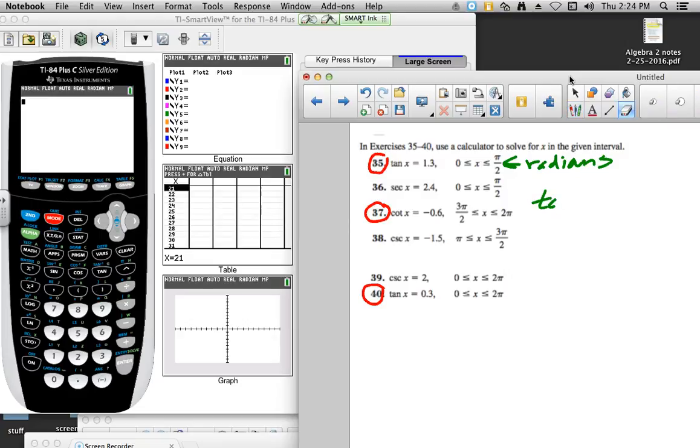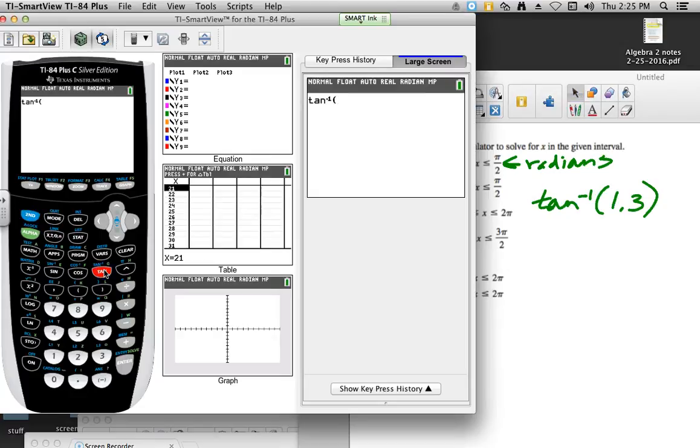So we're going to need to find that inverse tangent button on the calculator and plug in a 1.3. So it's second tangent and 1.3 and parentheses, enter. Oh, I didn't grab the parentheses, but that's okay because it gave me the right answer anyway.